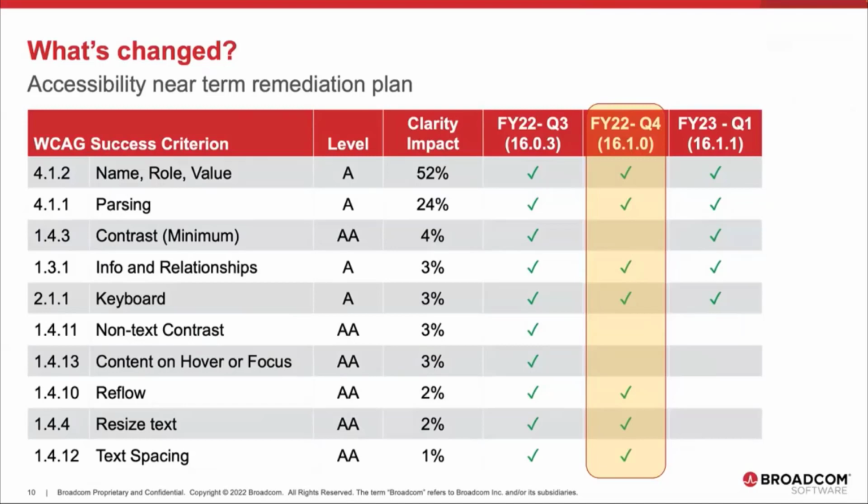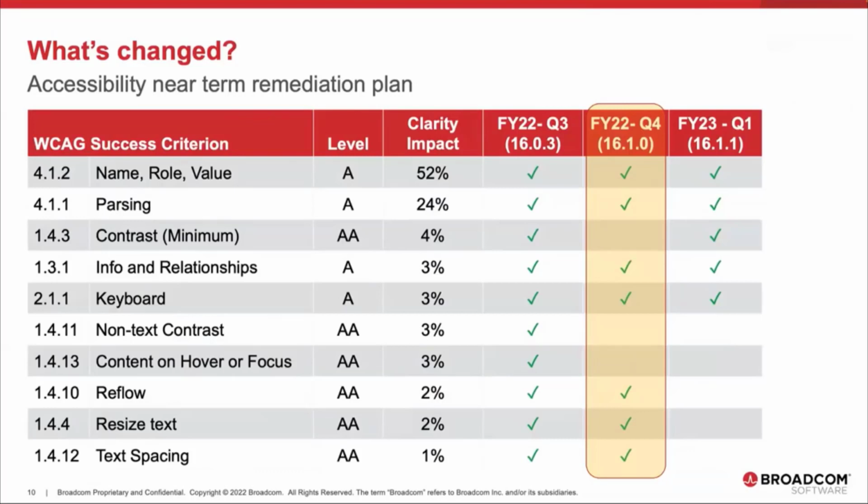The Clarity team will continue with its remediation through next quarter in each of the identified success criterion. For example, no additional remediation was done for WCAG 1.4.3, 1.4.11, or 1.4.13. However, we are going to pick up 1.4.3 in the next quarter.